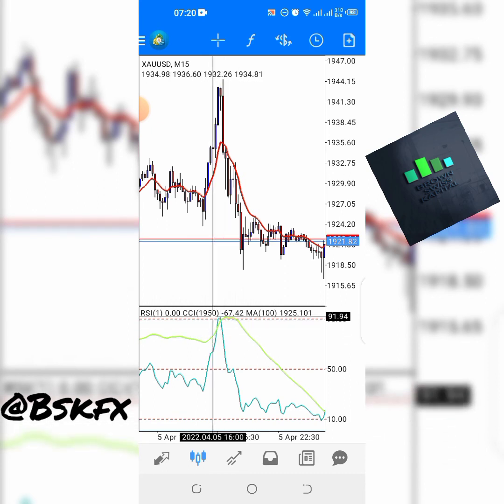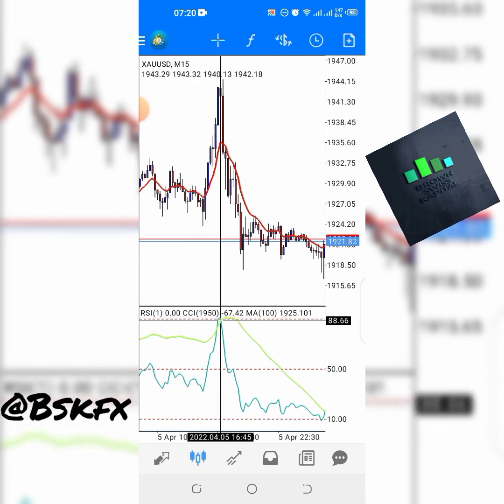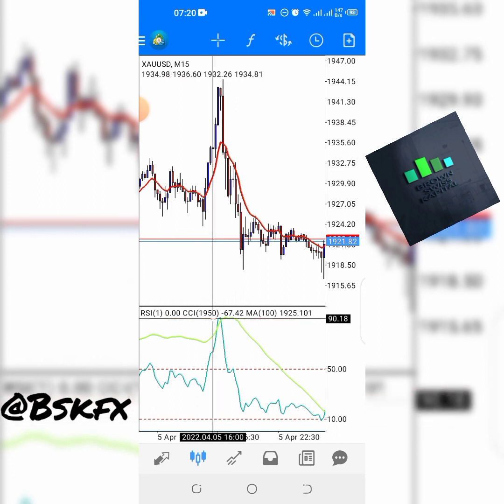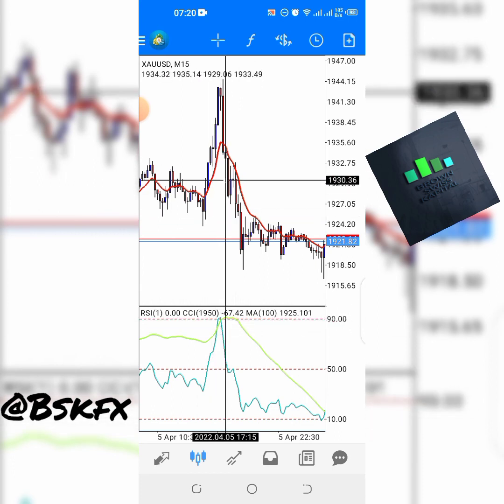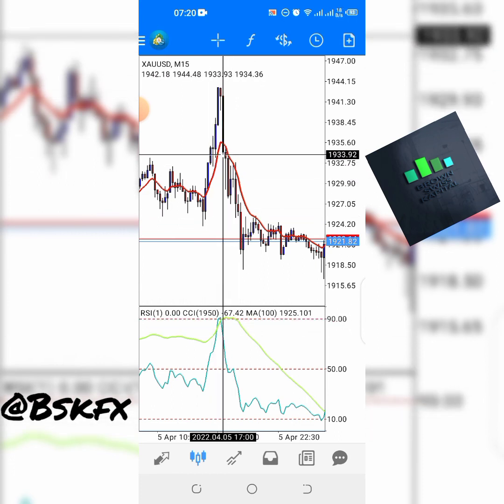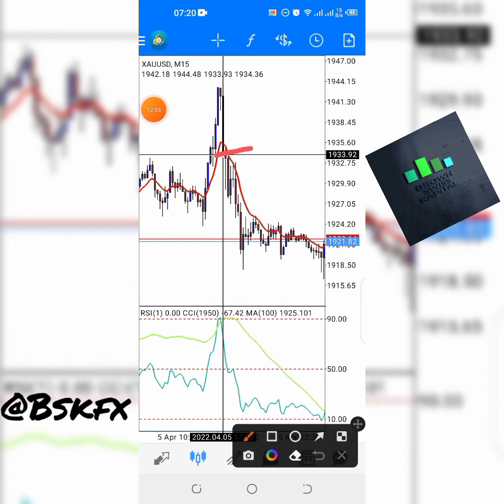So you can see extreme level, EMA 100, CCI cuts it below, and that's where you could have entered your sell right from the top, and be out.